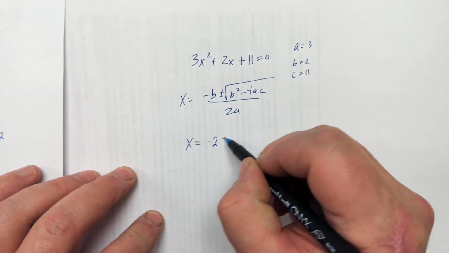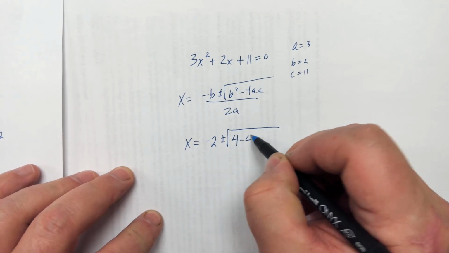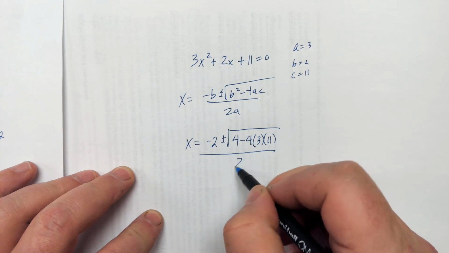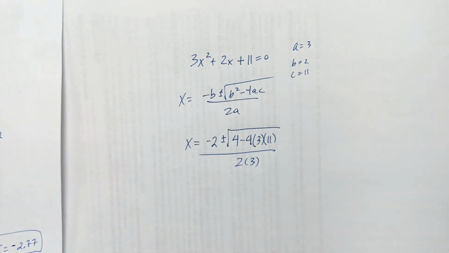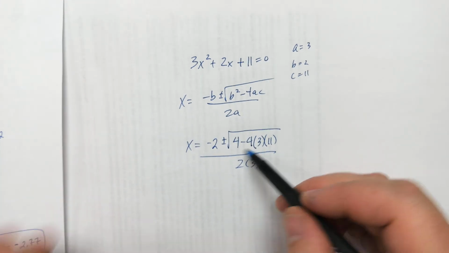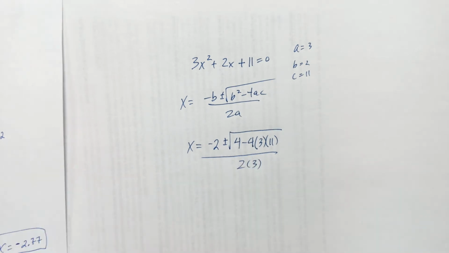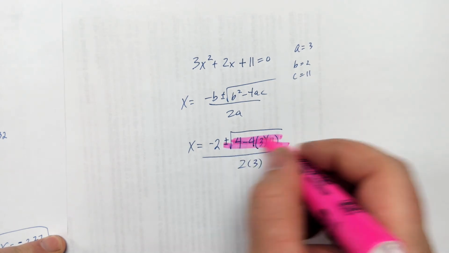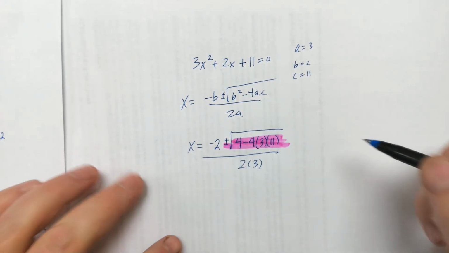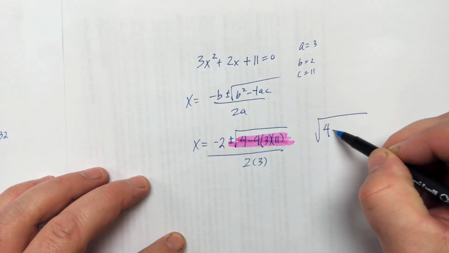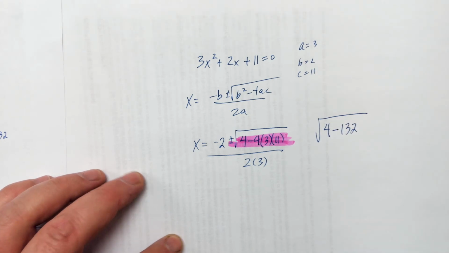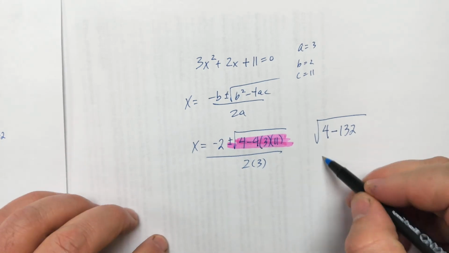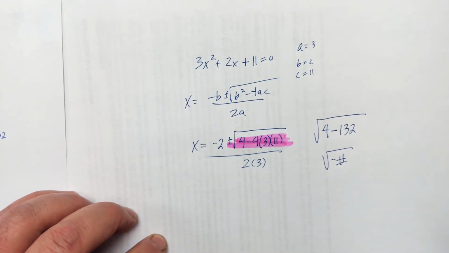So negative 2 plus or minus the square root of 4 minus 4 times 3 times 11, divided by 6, right? Look at this part right here. It's called the discriminant, really, but we can make this really easy. That's going to be the square root of 4 minus 132. Do you see? That's negative. I don't even care what the number is. That's the square root of a negative number.